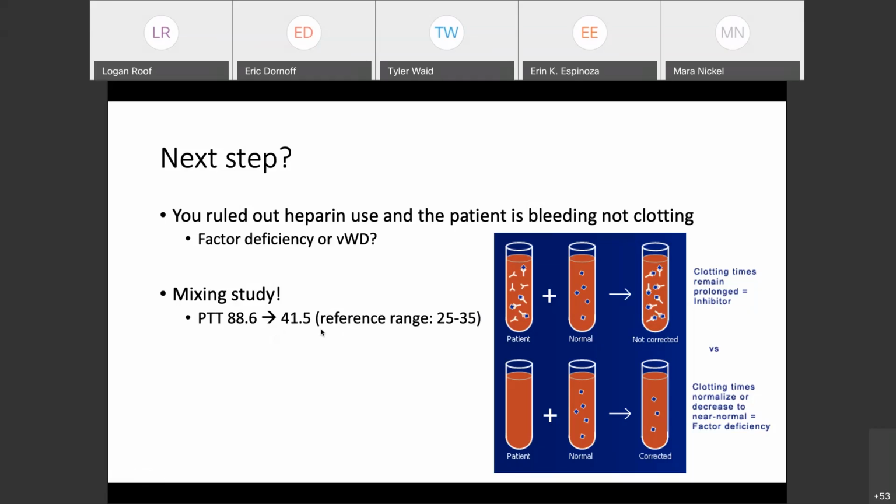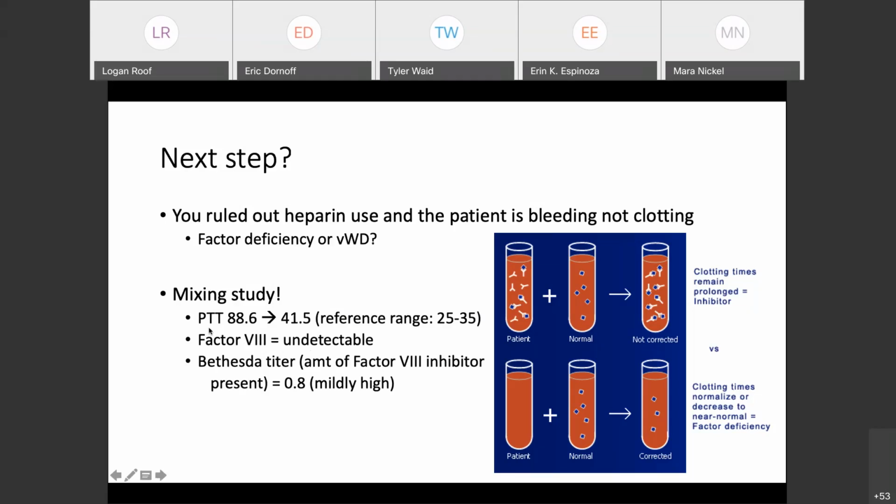So next steps are to order those factor levels, the 12, 11, 9, and 8. And you find that factor 8 is essentially undetectable. Now, some would argue to check a Bethesda titer, which is essentially measuring the amount of a potential inhibitor that could be present.